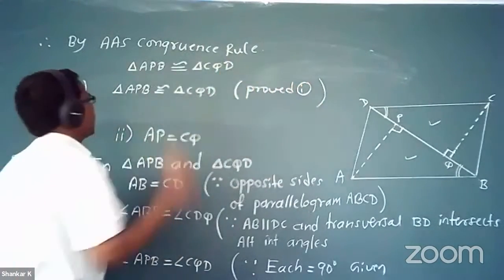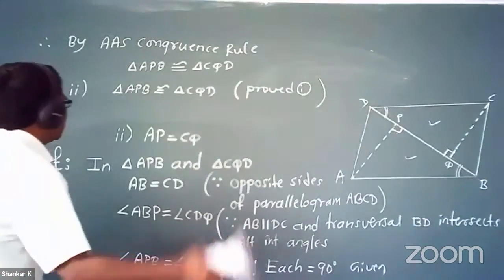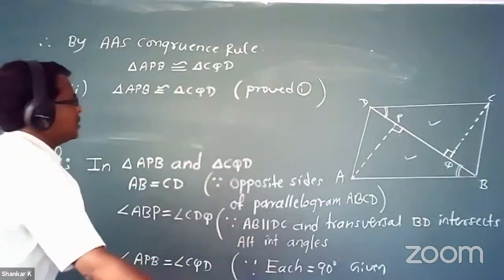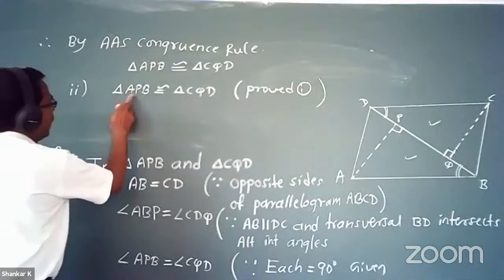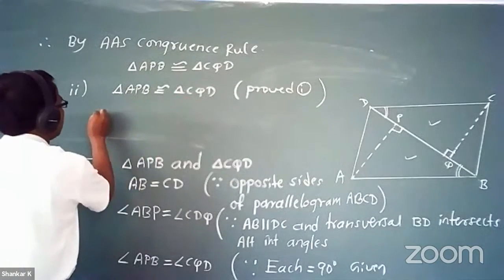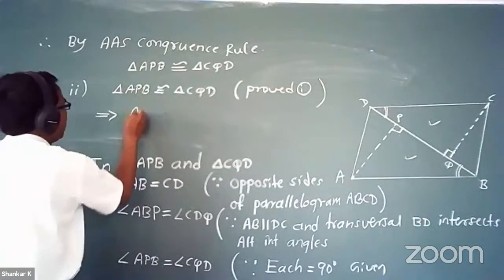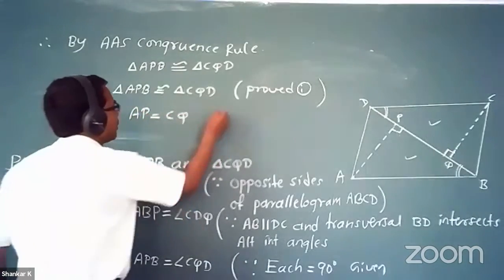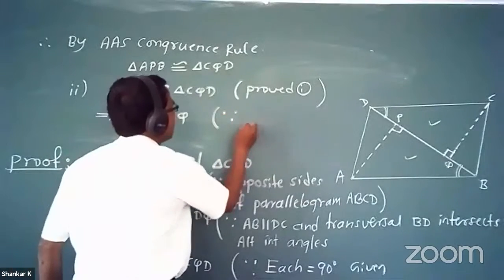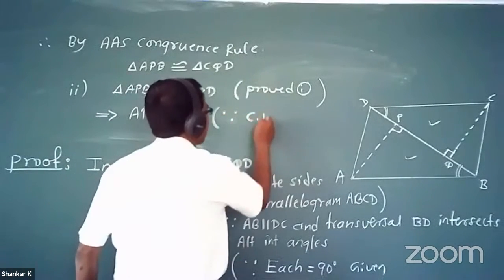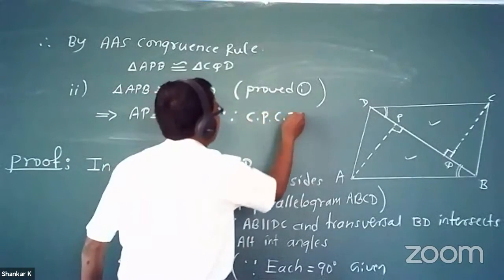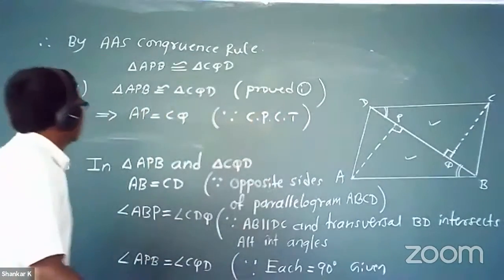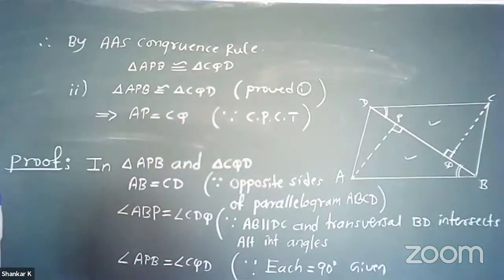Now, its corresponding parts are equal. Which are corresponding parts? AP is equal to CQ. This implies AP is equal to CQ. Why? Because corresponding parts of congruent triangles are equal. This is the second point.